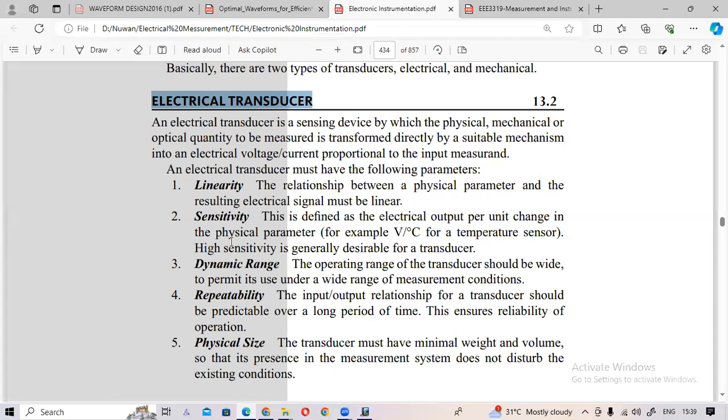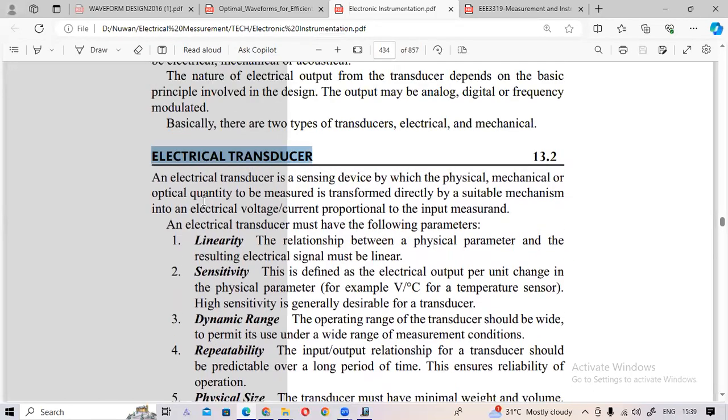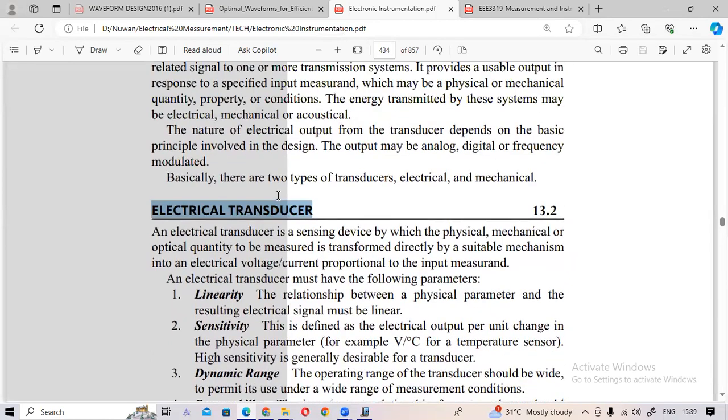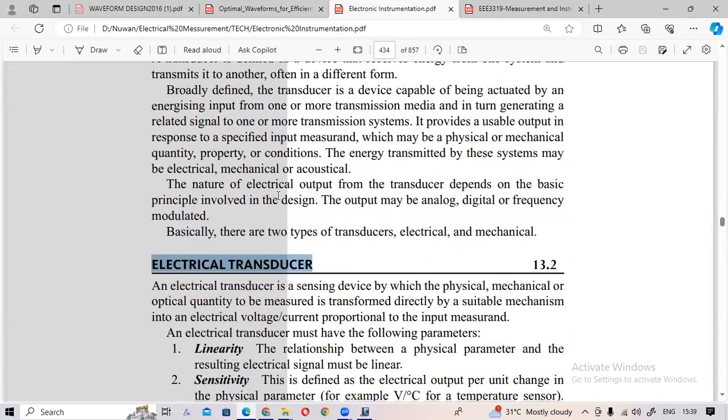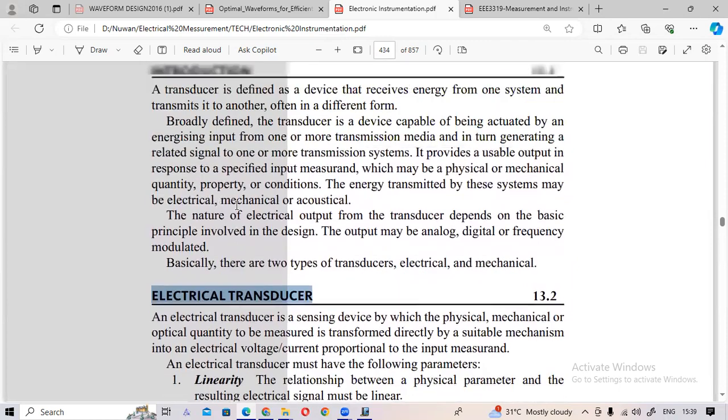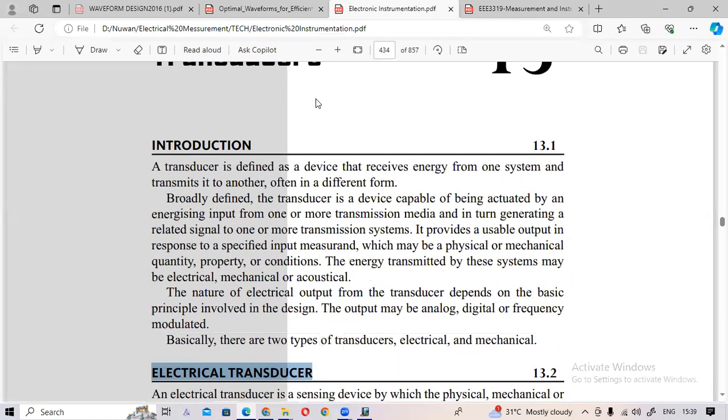These are some parameters related to electrical transducers. Maybe it is better to note down these things. So you know what a transducer is and the two types of transducer. The first thing is what a transducer is. Now you know that.